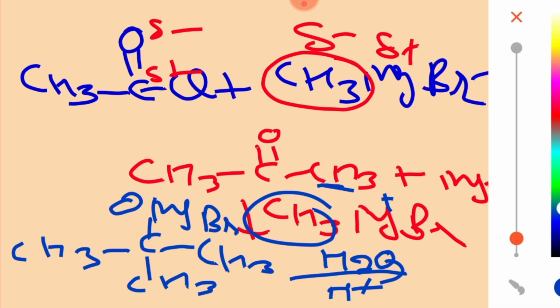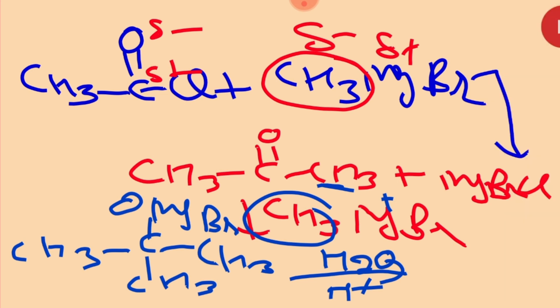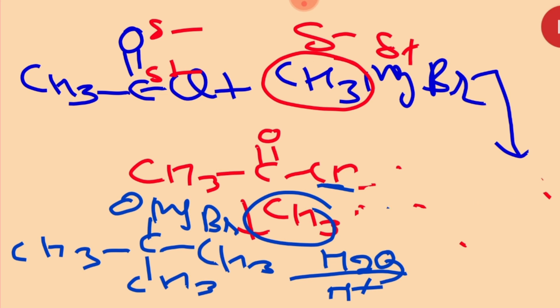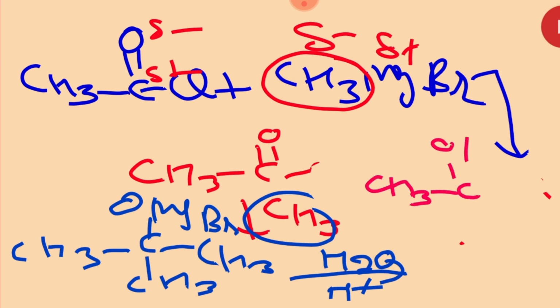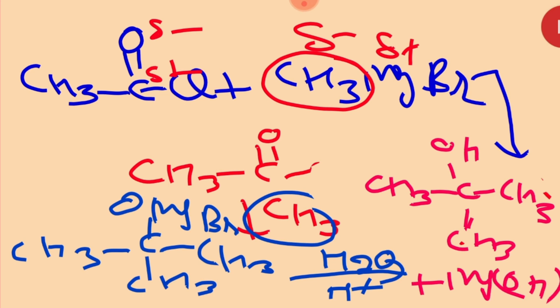There will be direct formation of a tertiary alcohol, (CH3)3COH, plus MgOHCl. This is the tertiary alcohol we have formed over there. Is that clear?